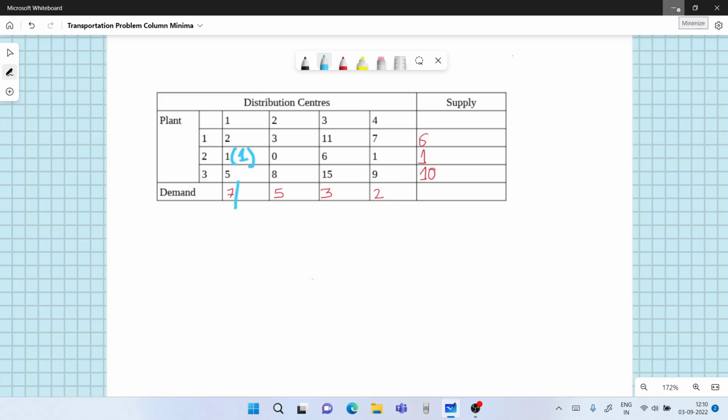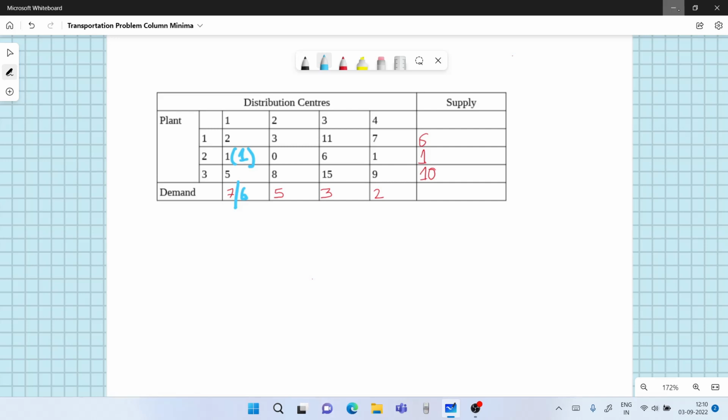Now, there is still a surplus demand of 6 million liters in distribution center number 1. Again we look into the column and we see the next lowest cost. The next lowest cost is 2. The demand is 6.